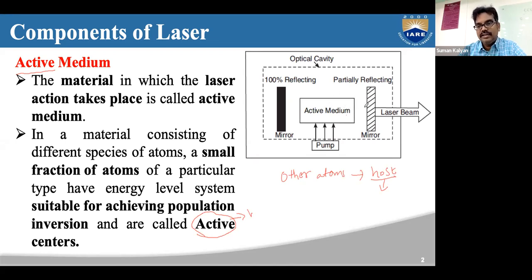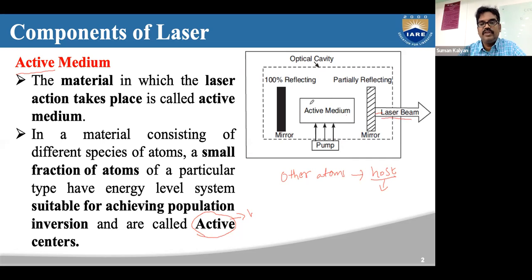Once this is done, photons will be produced or emitted, and these emitted photons will move back and forth between these mirrors. This is a 100% reflecting mirror, whereas this is a partially reflecting mirror, and from this partially reflecting mirror we get a laser beam.